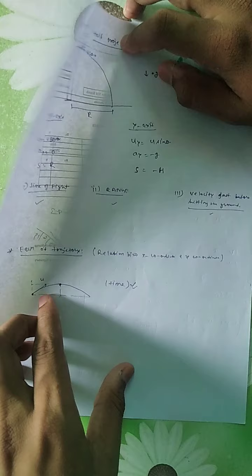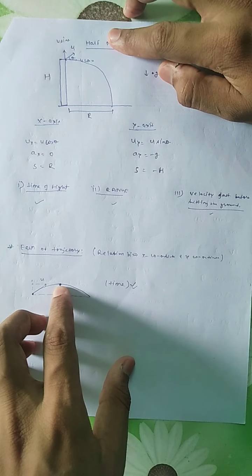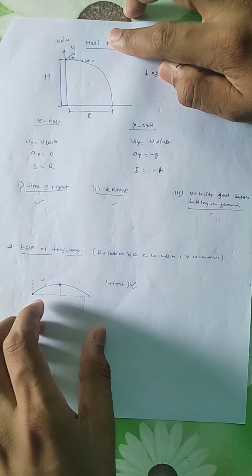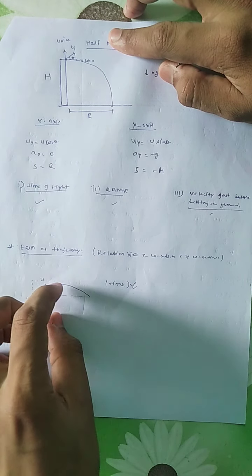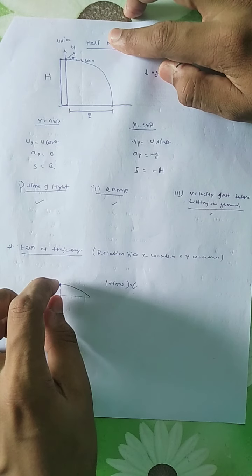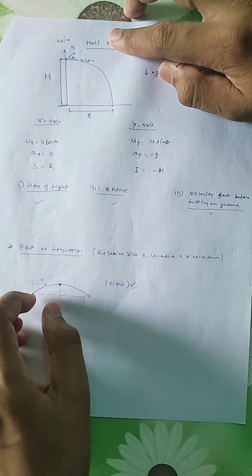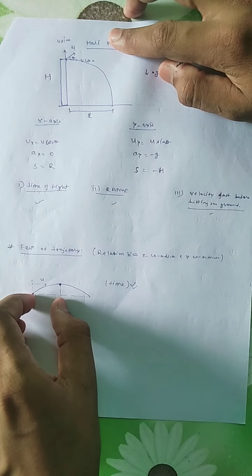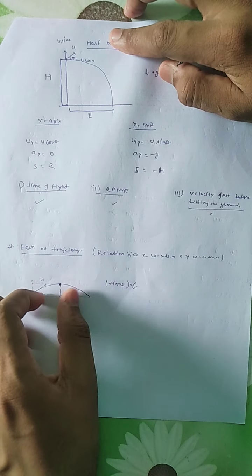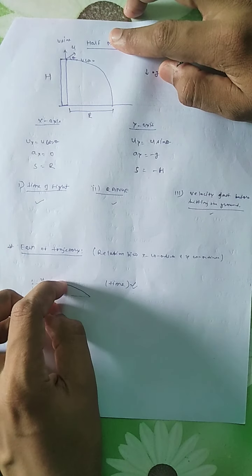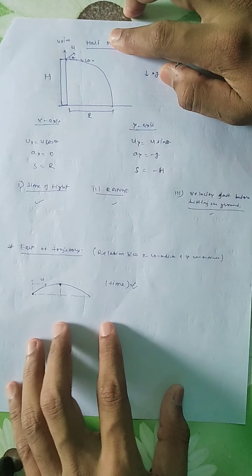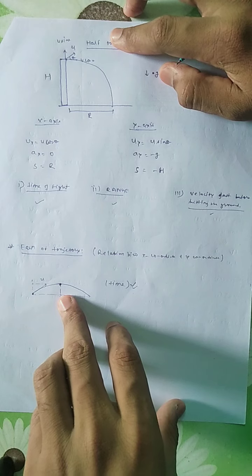Let us consider that at any particular time the body is at a height of 5 meters; then what will be its displacement in the x direction? So this is the relation between the x direction motion and the y direction. How will you solve the problem? I am just going to give you the idea and you have to solve the problem.